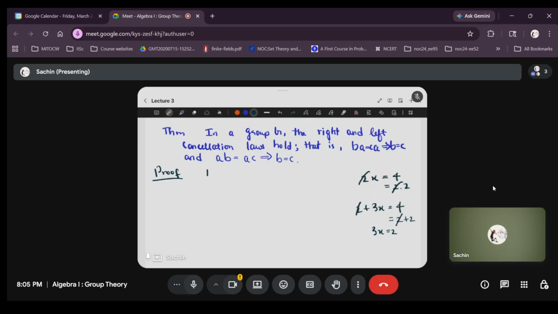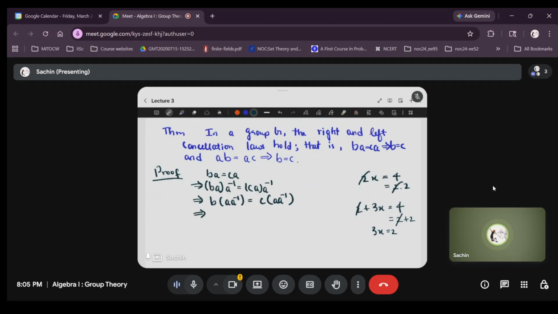If BA is equal to CA, then you can multiply on both sides. On both sides, you can multiply on the right by A inverse. BA times A inverse is CA times A inverse. And by associativity, BA times A inverse is nothing but B times A inverse, and CA times A inverse is nothing but C times A inverse.